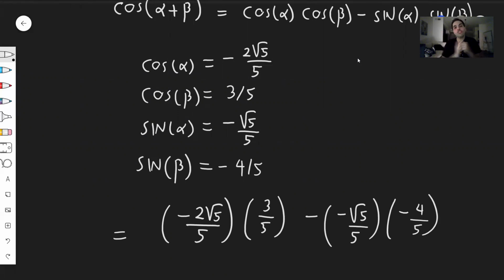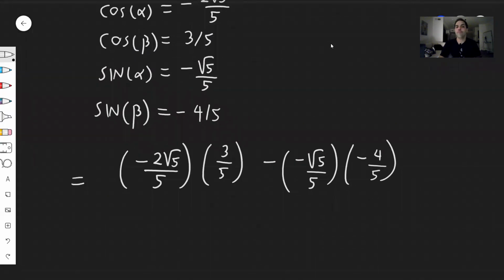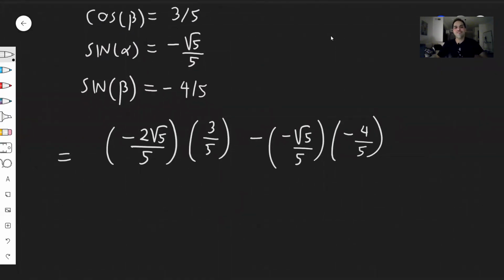Unfortunately, in this problem, you see how long it already is. You have to be very patient, because otherwise if you make a small algebra mistake, it ruins your whole problem. But again, we are almost done with this course. So this becomes minus 6 square root of 5 over 25.